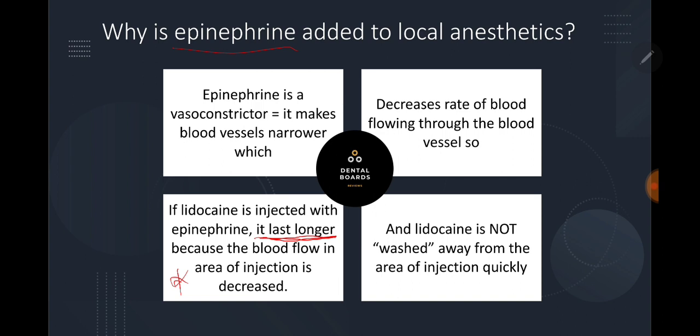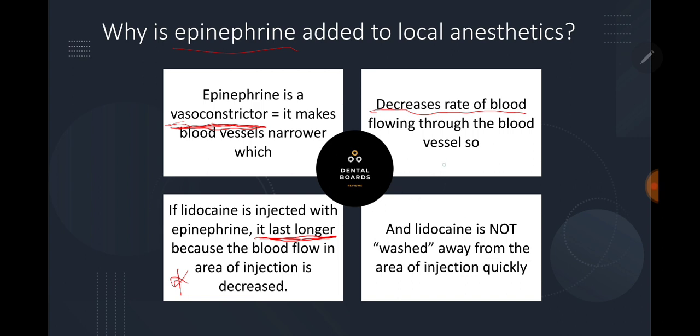Okay, I want you to understand this point, so I'm taking a little bit of time here. Epinephrine is a vasoconstrictor, which is going to make the blood vessels narrower, and in turn, is going to decrease the rate of blood flowing through the blood vessel.